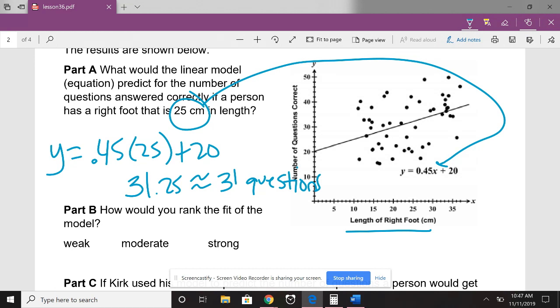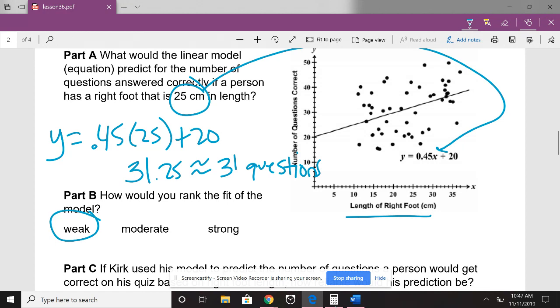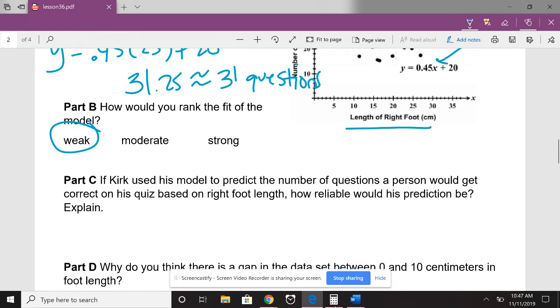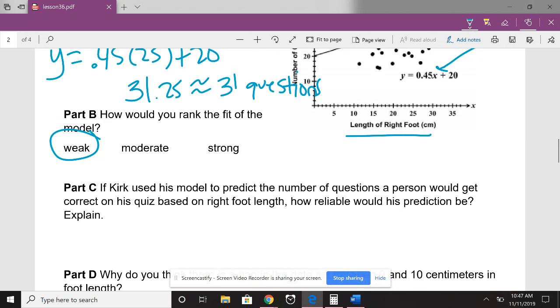How would you rank this? I would say it's weak. It's tough to tell. Those dots are really not close to the line. If that line wasn't there, it would be hard to tell if it's positive or negative. Part C, if Kirk used his model to predict the number of questions a person would get correct on his quiz based on the right foot length, how reliable would this prediction be?